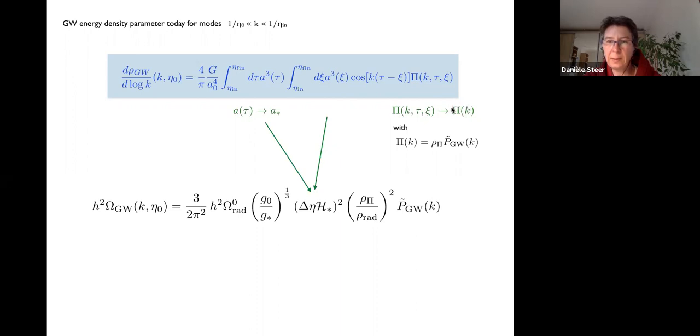I've rescaled the anisotropic stress with a factor of the energy density rho, because as I said right at the beginning, I can then use the Friedmann equation to replace G times rho, which gives me a factor of A, which I'm going to use to cancel out other factors of A. And if you do all of that, and you're very careful, and if I didn't make a mistake, then you find that the energy density, omega gravitational waves, is given by this expression.